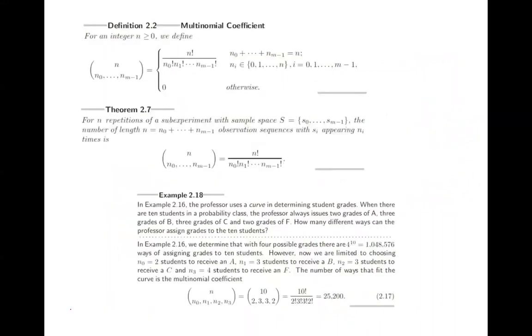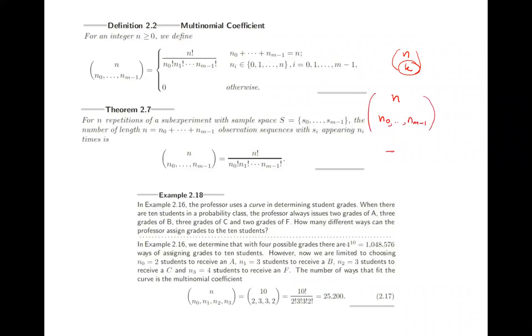Okay, multinomial coefficient. Now, previously we talked about n choose k. Now here we have n choose n0 up to n m minus 1. So we have multiple k's in here.